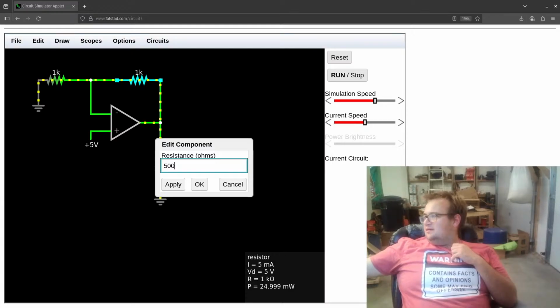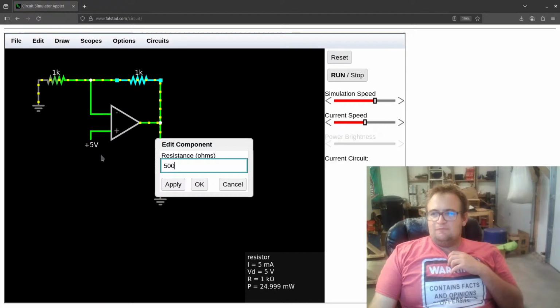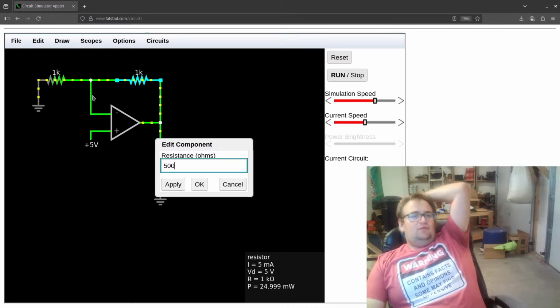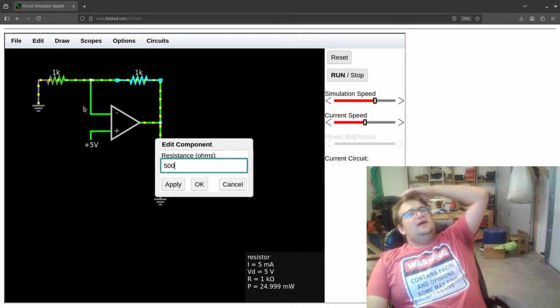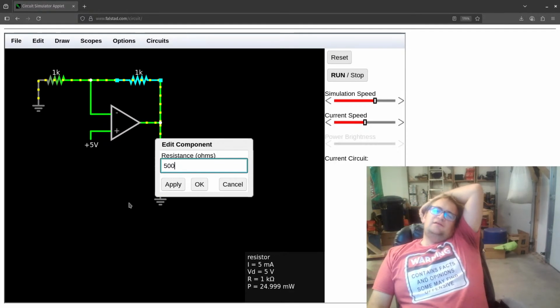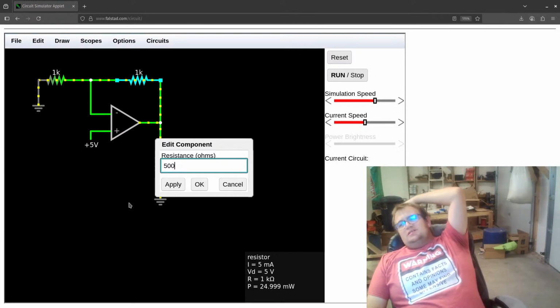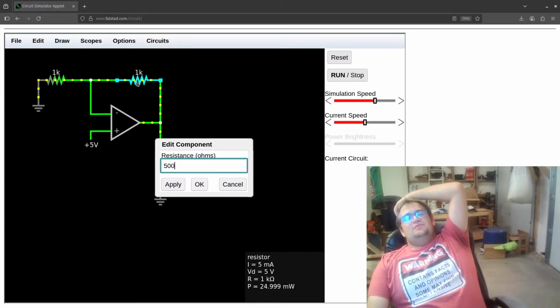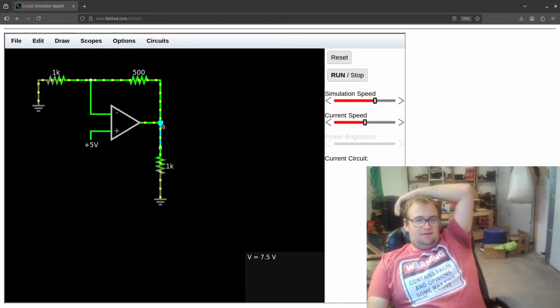I'm expecting 7.5 volts, because that'd be 1500. The real reason I picked it is because that means 2.5 volts gets burnt across here, 5 volts gets burnt across here. And since this is 2 times the size of that, I think that should work. Okay, yeah, so 7.5 volts.